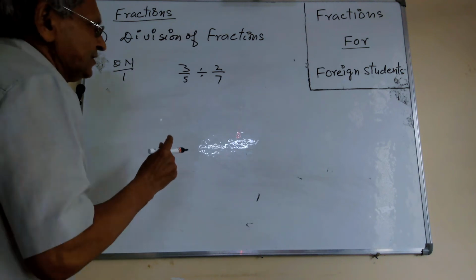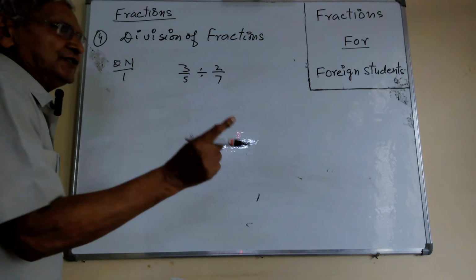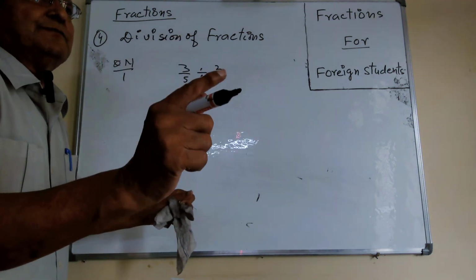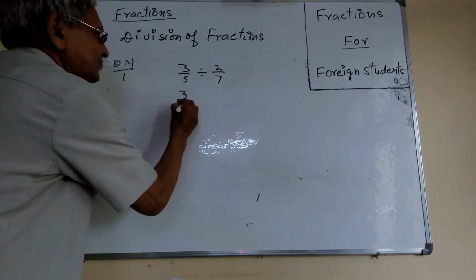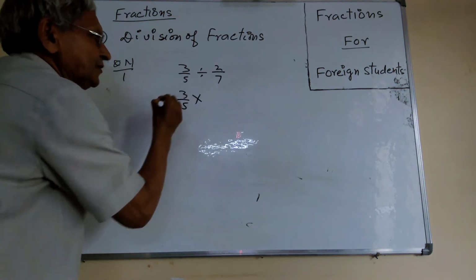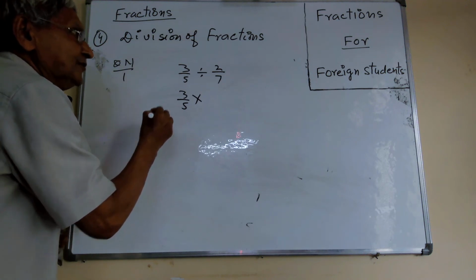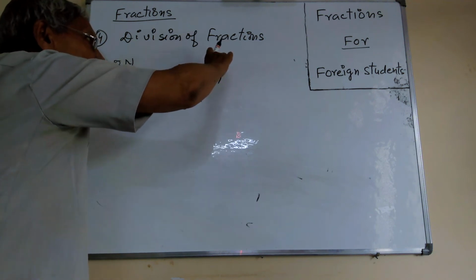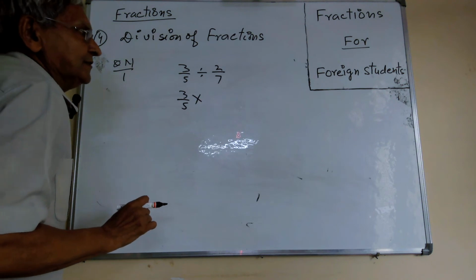And in division, note one thing here. This division is same as multiplication. You have to change this division into multiplication. And what is the condition? You have to invert this second fraction.